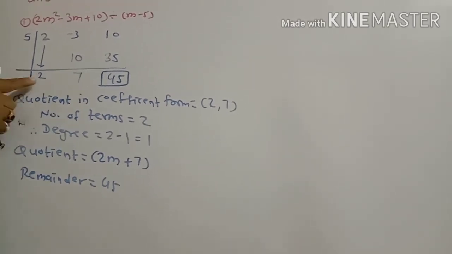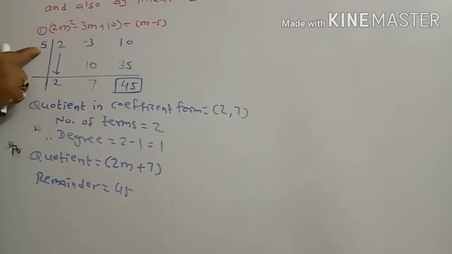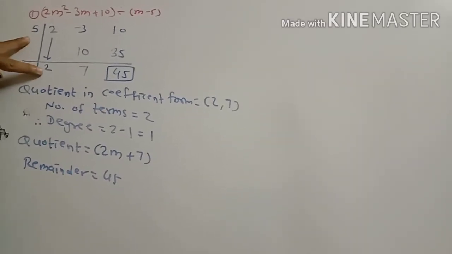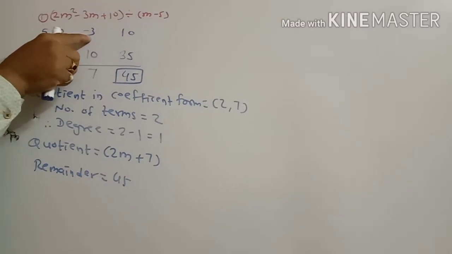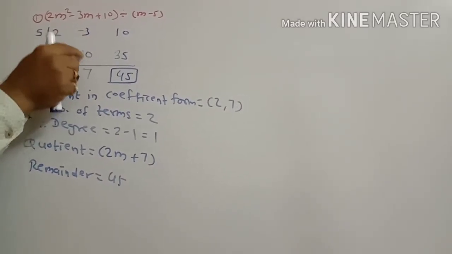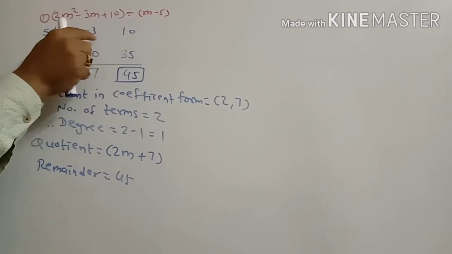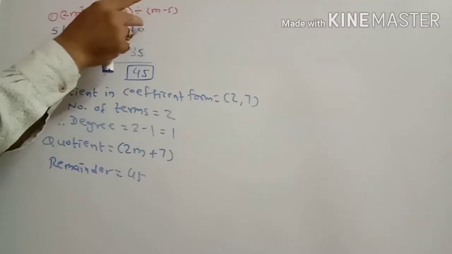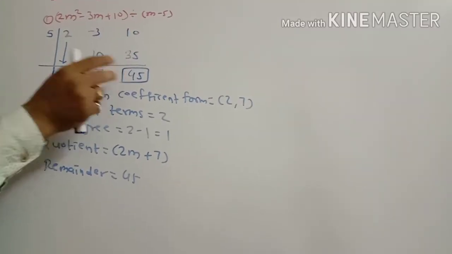Then the product of this first coefficient and this 5: 2 fives are 10, and write this product below the second coefficient in the second row, that is minus 3 and 10. Then take the addition: 10 minus 3 is 7. Then again take the product, and this is the remainder.